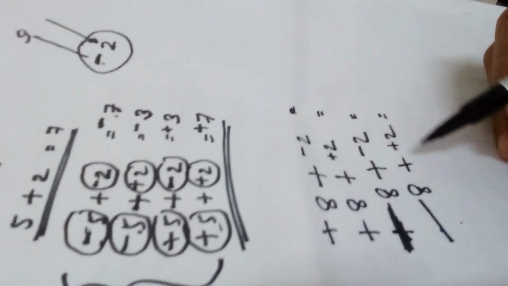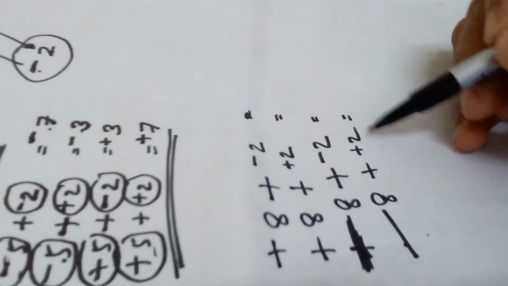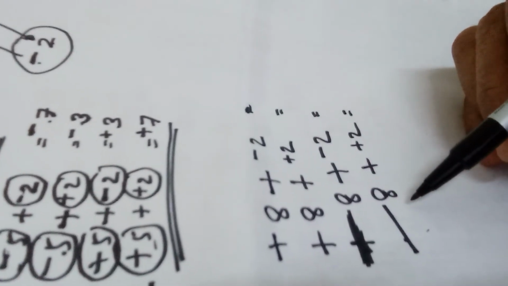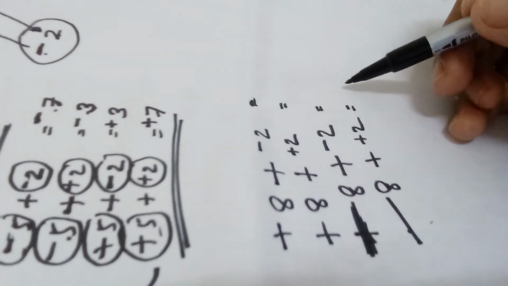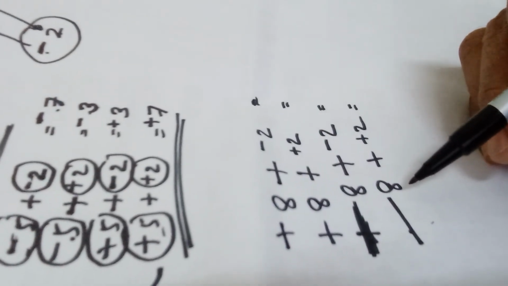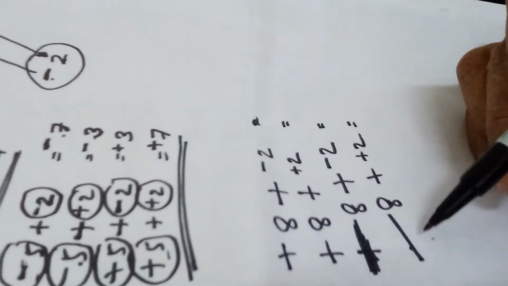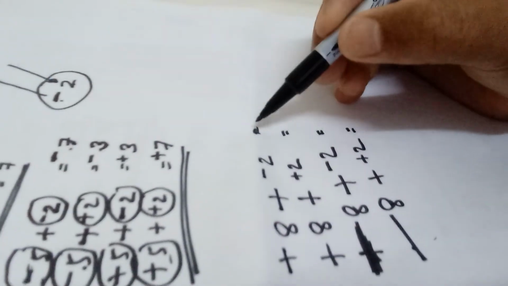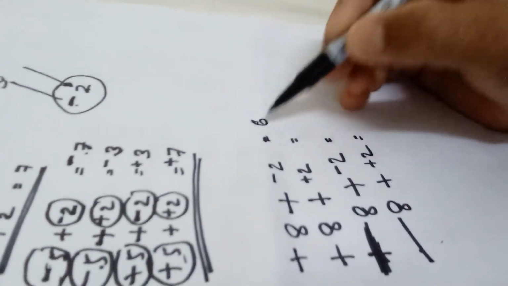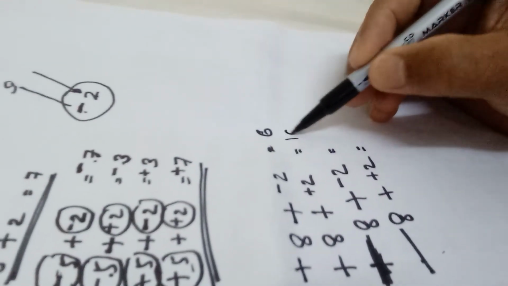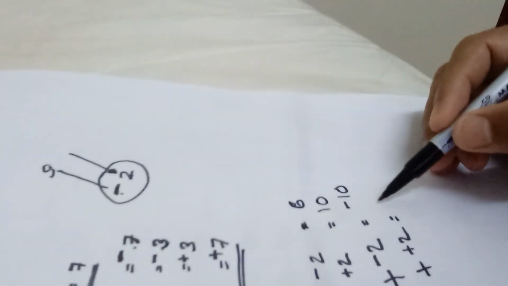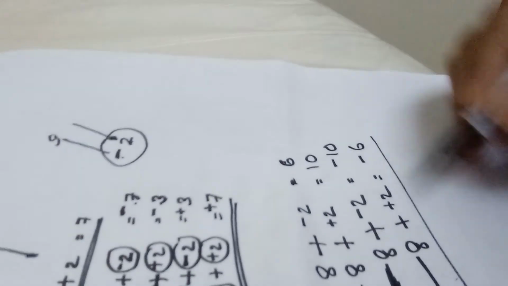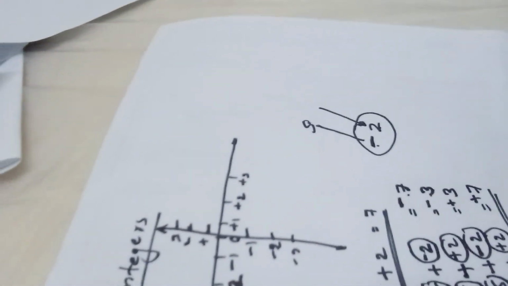Here is a different sign, so subtract the numerical values, and the sign of the answer is that of the bigger value. So here is 6, here is 10, here is negative 10, here is minus 6. This is the answer.